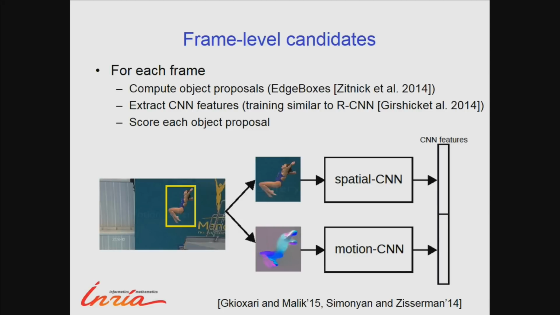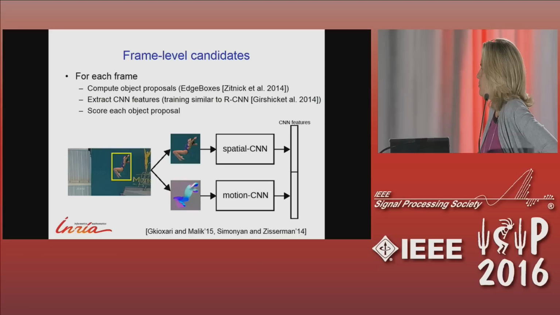Okay, and so how do we get the frame level candidates in each frame? We extract a set of object proposals. It can be edge boxes or proposals which are automatically learned by the CNNs. Then for each of these proposals, we extract spatial features, but also motion features.